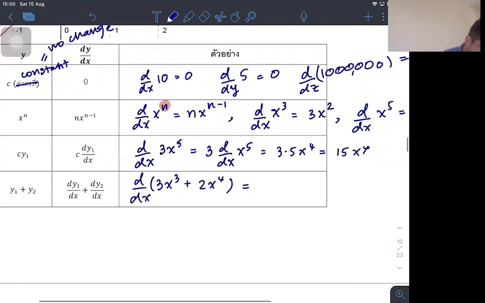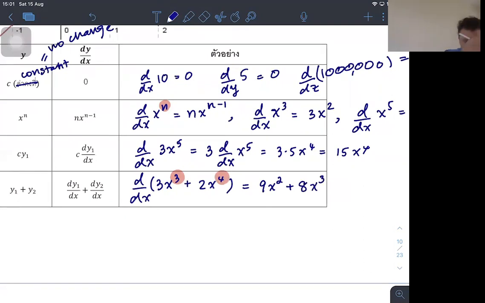We bring 3 down, and 3 times 3 is 9, and the exponent is reduced to x to the 2, plus 2x to the 4. We bring 4 down and multiply with 2, you get 8, and it is x to the 3.